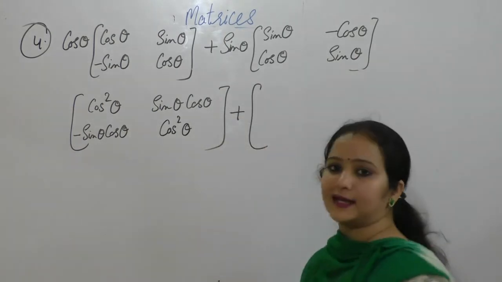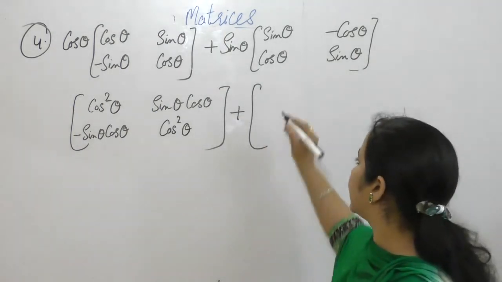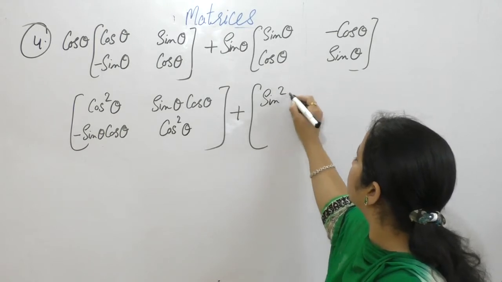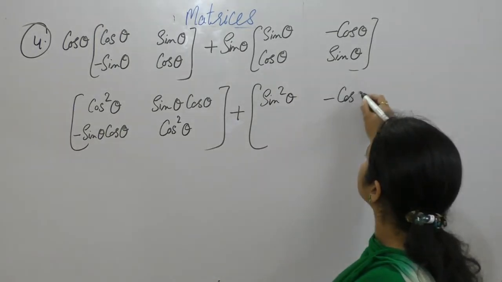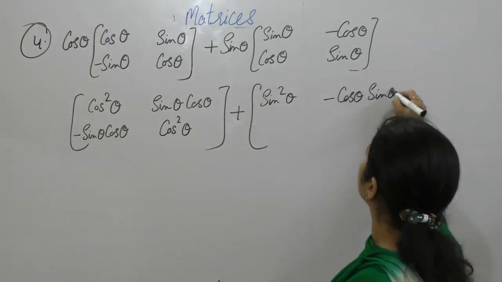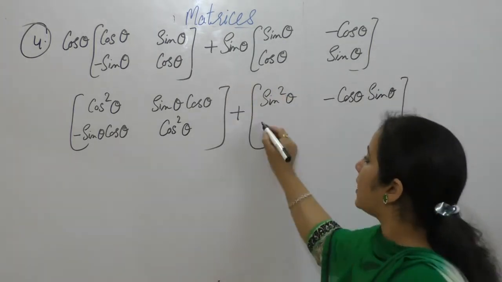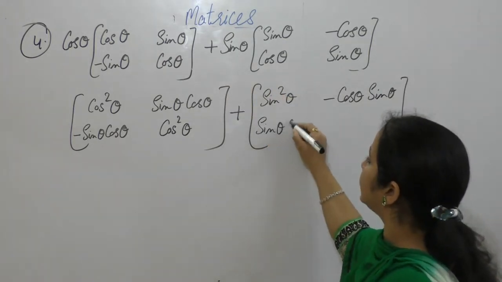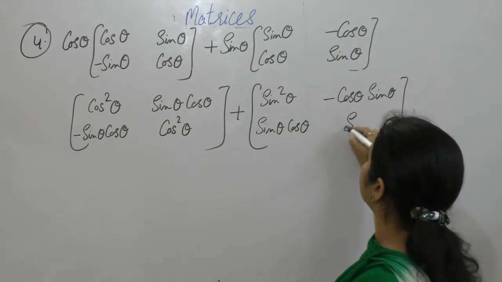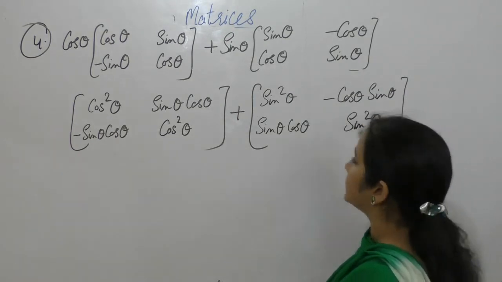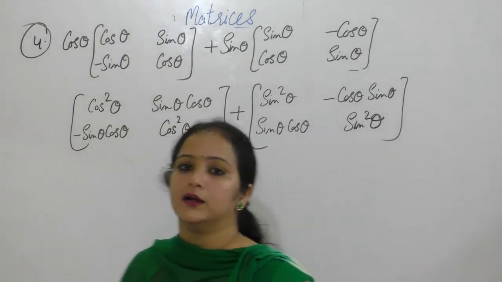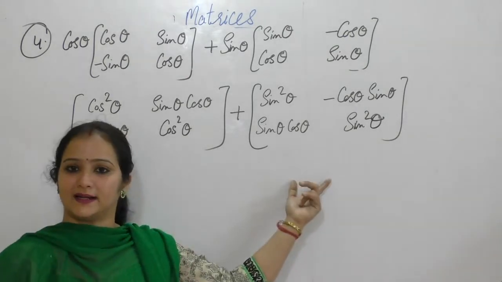Plus sin theta into sin theta is sin square theta, minus cos theta sin theta, sin theta cos theta, sin into sin, sin square theta. Now we have to add these matrices.